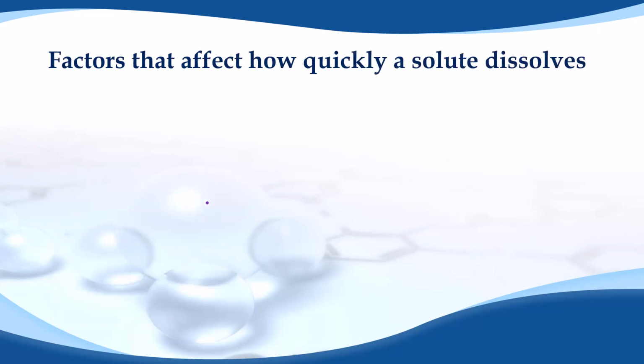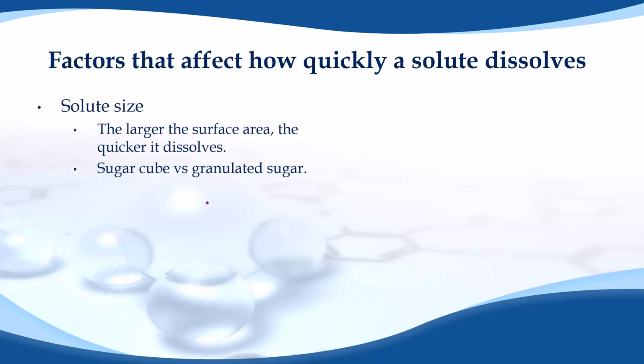So let's talk about rate of dissolution. So how can we make something dissolve faster? Right, so things that affect how quickly a solute will dissolve. We'll start off with size. Right, the more surface area it has, the quicker it dissolves. Because remember, it has to pull those individual molecules off. The larger the surface area, the more molecules or ions it has access to, so it can pull them off quicker.